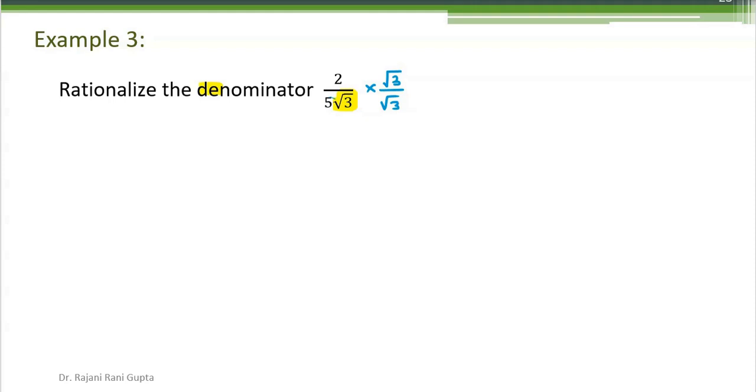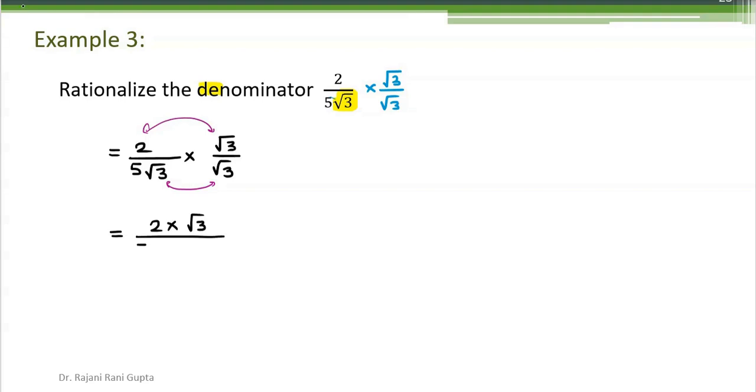So what do you have? 2 over 5 root 3 times root 3 over root 3. Multiplying the fractions, numerators together, denominators together, what you get? 2 times root 3, and here 5 root 3 times root 3.